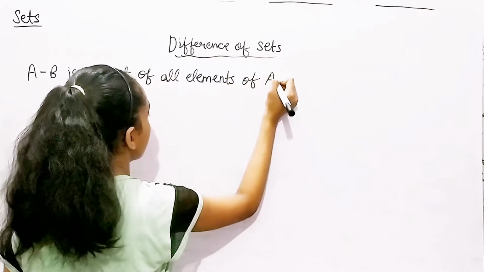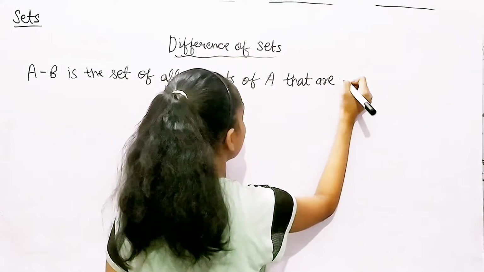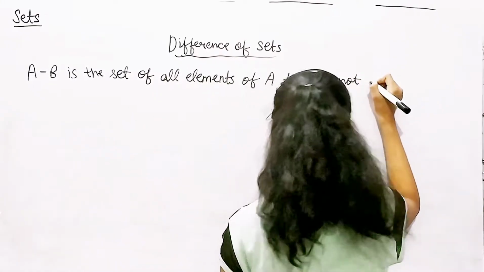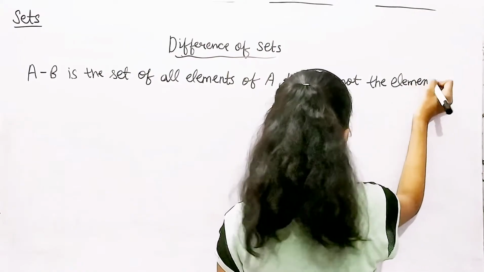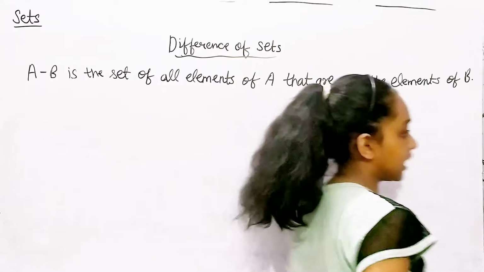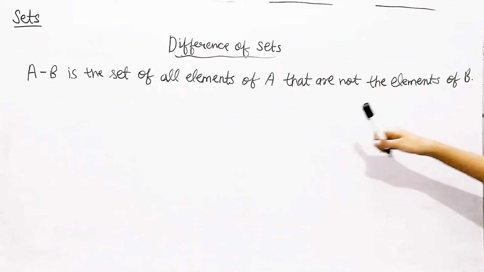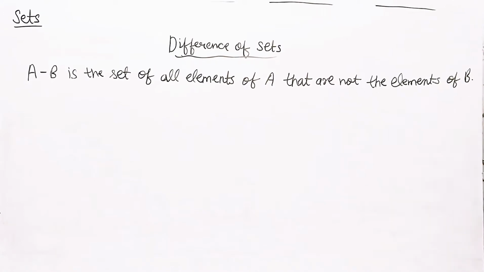So A minus B is the set of all elements of set A that are not the elements of set B. Okay, is it clear? This is the statement we have.